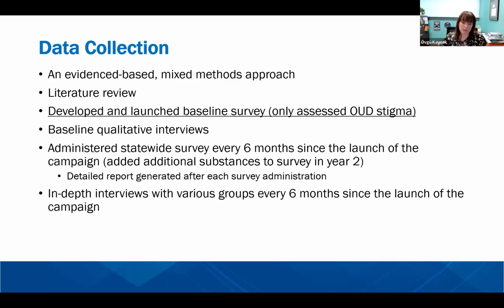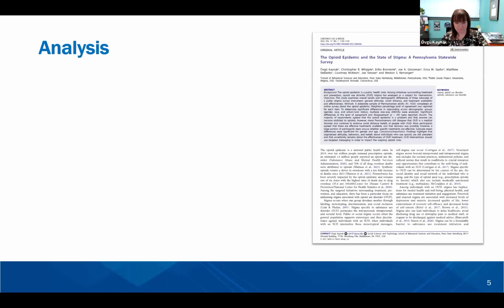Once we had all the questions, we reviewed them, as well as the face validity of each item. Some were deleted, some were reworded, and we added some additional items. We finally landed on a survey instrument that consisted of 73 items that covered public, work, policy, and self-stigma. And so that's what we're going to look at today.